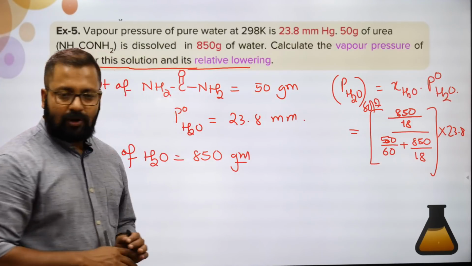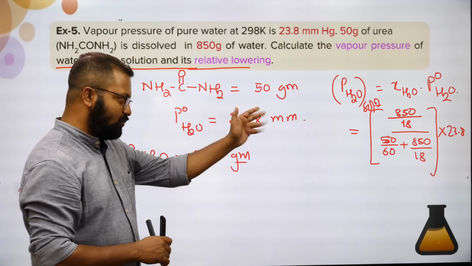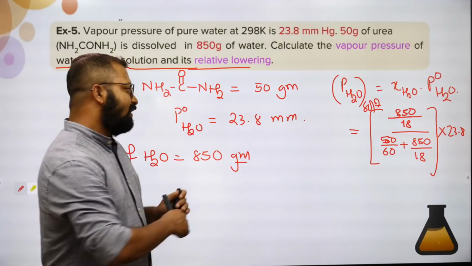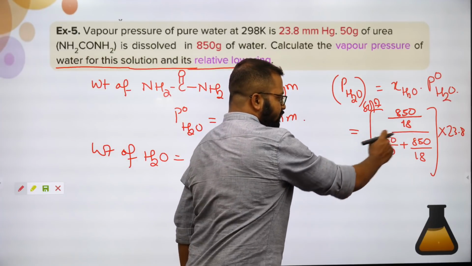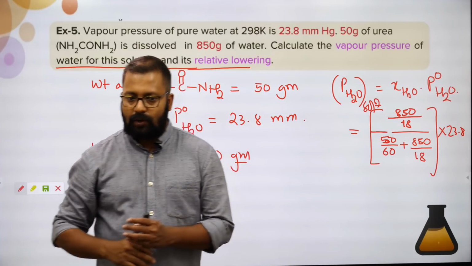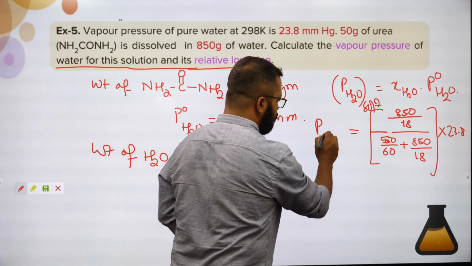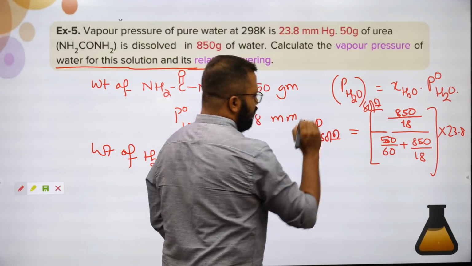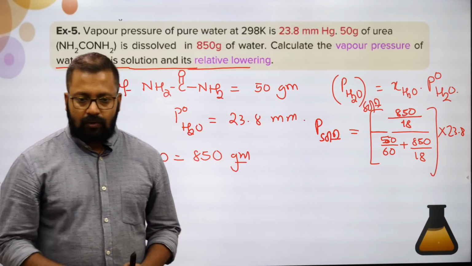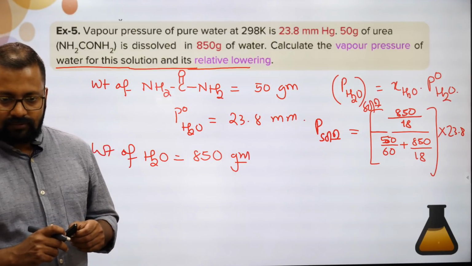So 850 upon 18 would be there. I was calculating mole fraction of solute, so pardon me for that. So 850 upon 18 by 50 upon 60 plus 850 upon 18. ये आपका आ जाएगा vapor pressure of solution.